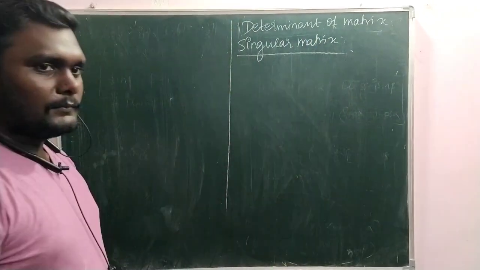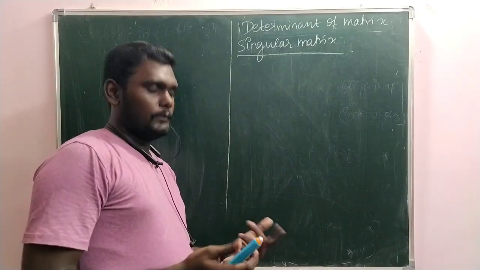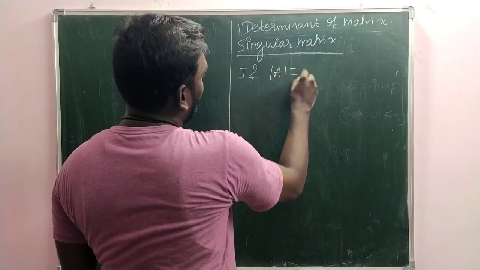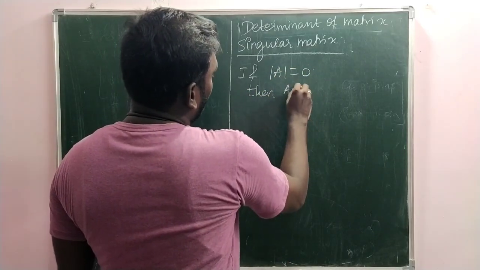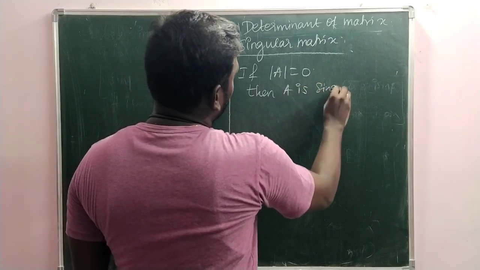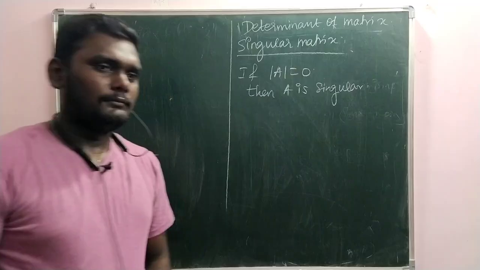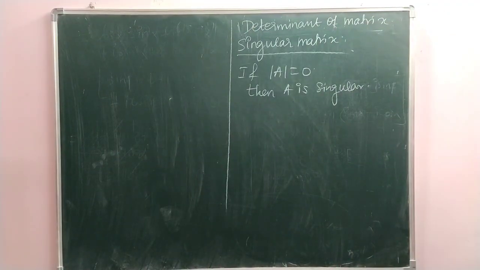Singular matrix means we find the determinant, right? Suppose we got the determinant of the matrix as 0, then we say the matrix A is singular. Okay, very easy. And based on that, a few more properties are also there.